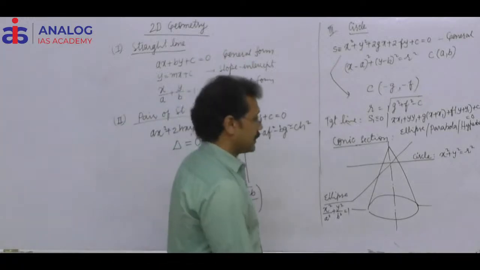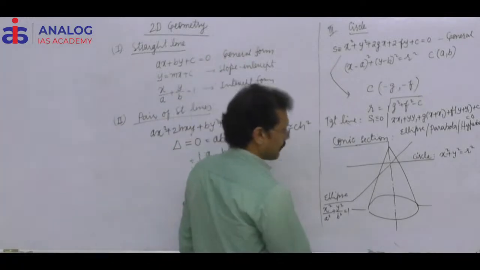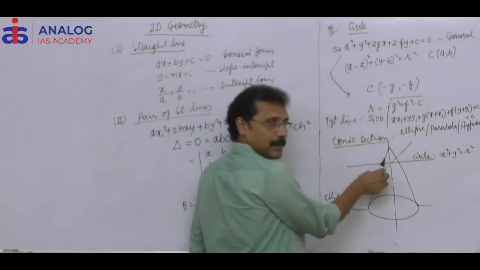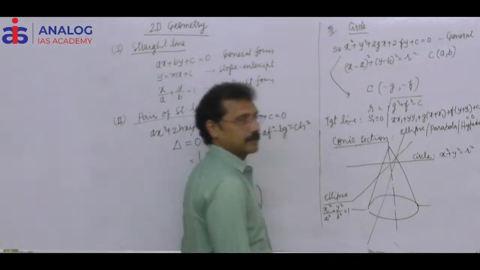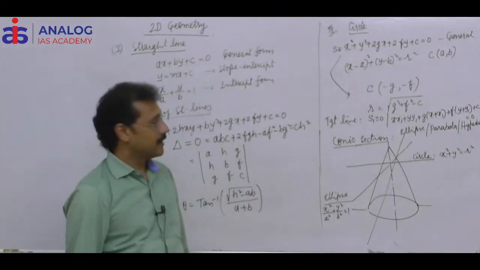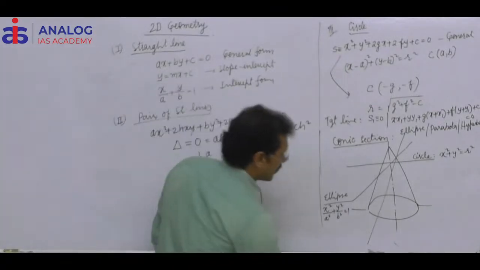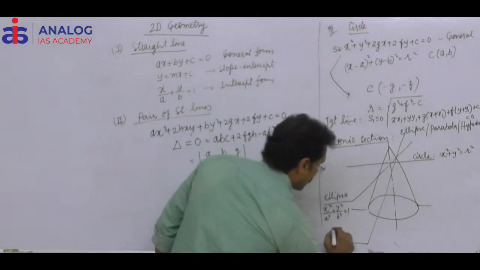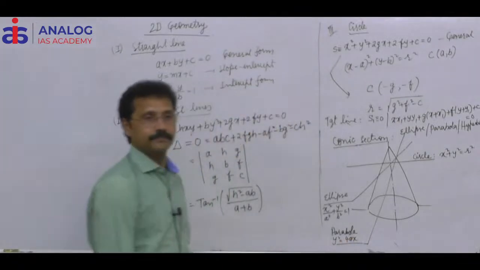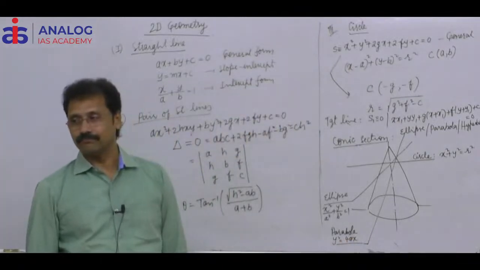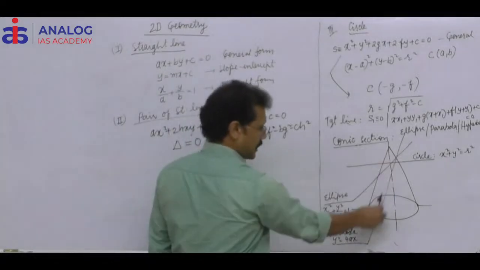Now there is another section also. If I intersect parallel to this slanting line, what I get is called a parabola. A parabola looks like y square equal to 4ax. This is parallel to the slanting line.